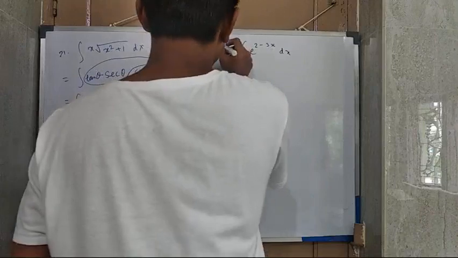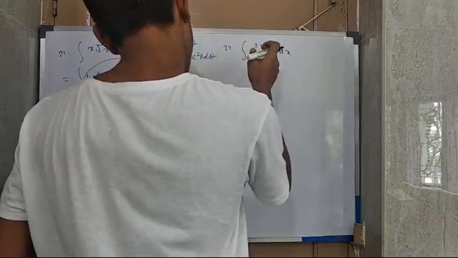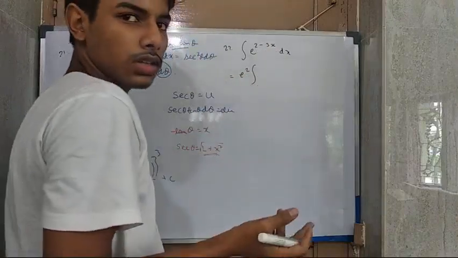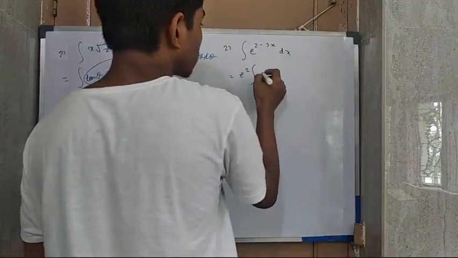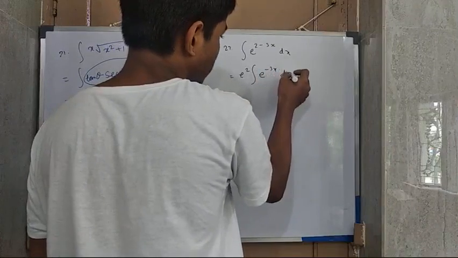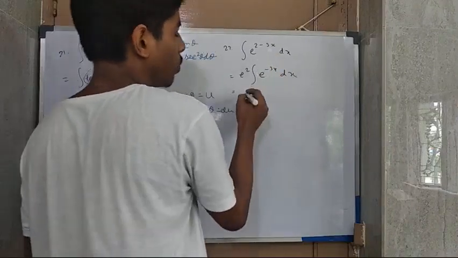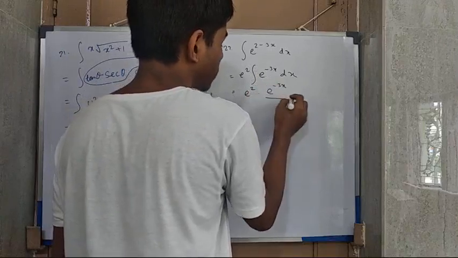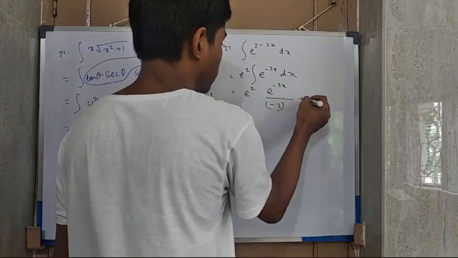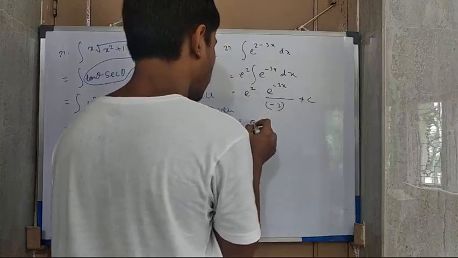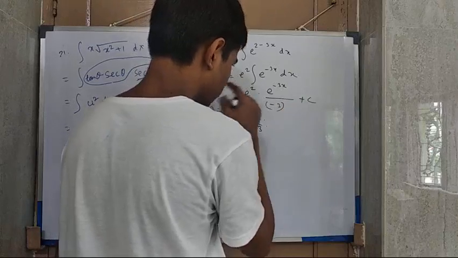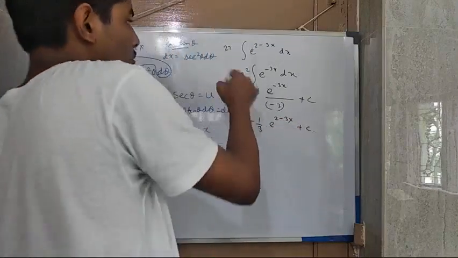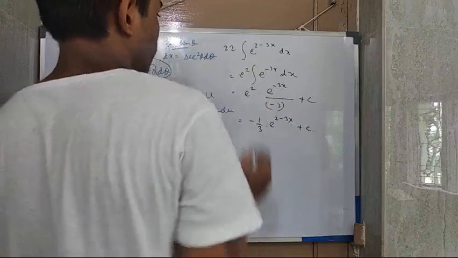For this integral, we can first take out e squared, because e squared is a constant. So take out e squared, and this is e to the power minus 3x dx, which is the standard integral: e squared times e to the power minus 3x by minus 3 plus c, which is actually minus 1/3 e to the power 2 minus 3x plus c. So this is the answer of the 22nd question.